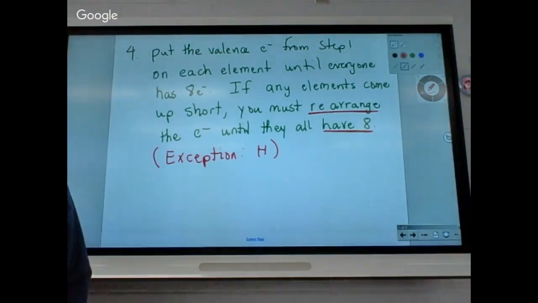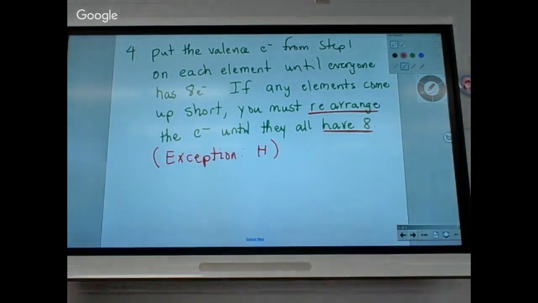You're going to be short electrons, so you have to rearrange the electrons so that everybody gets 8. Because in nature, elements share electrons so that everybody gets 8. That's where the double and the triple bonds come from.